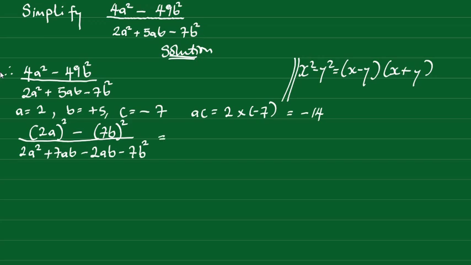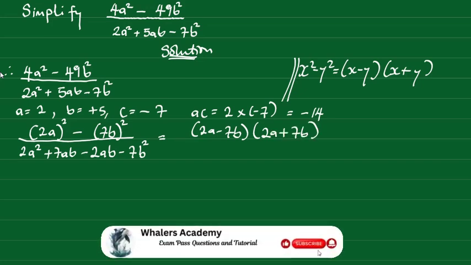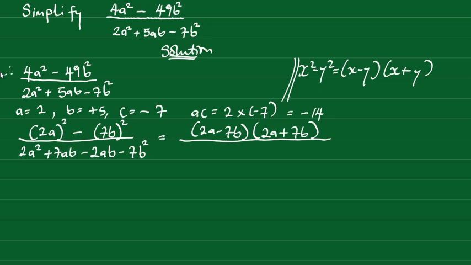Knowing this, we proceed further. At our numerator, we have (2a) squared minus (7b) squared, which is a difference of two squares, and this becomes (2a minus 7b)(2a plus 7b), divided by, at our denominator, we factor out a from 2a squared plus 7ab, leaving us with a(2a plus 7b).